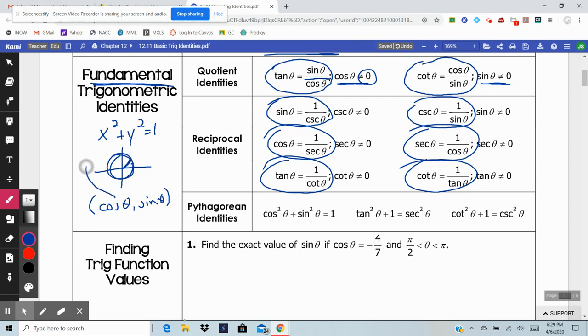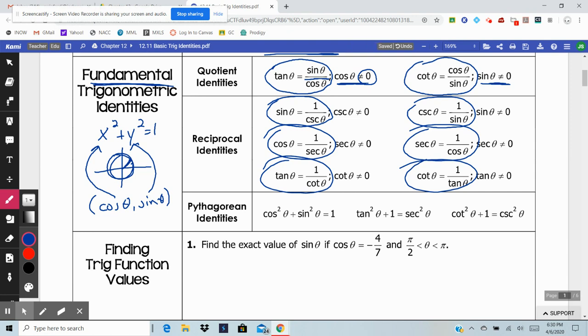Well, if a cosine value is an x value and a sine value is a y value, if we replace x and y with cosine and sine, we have this identity: cosine squared plus sine squared is equal to 1. What does that mean? Anywhere we have cosine squared plus sine squared or sine squared plus cosine squared, we can take it out and replace it with the number 1 because they are equal to each other.